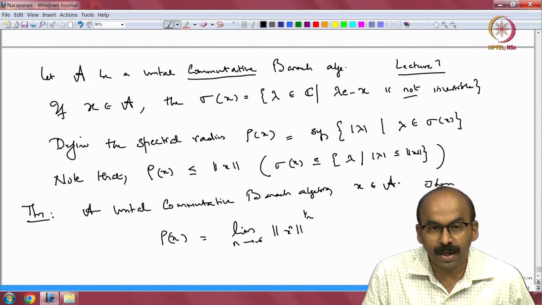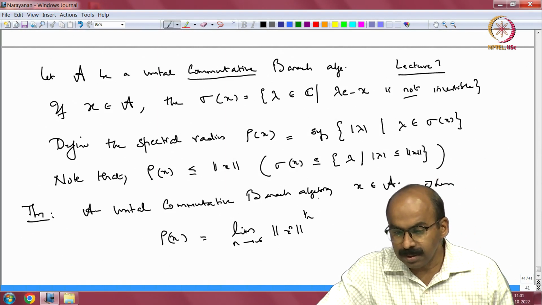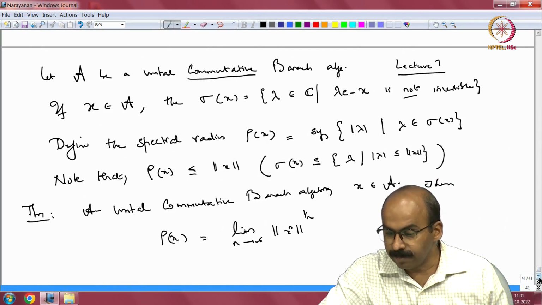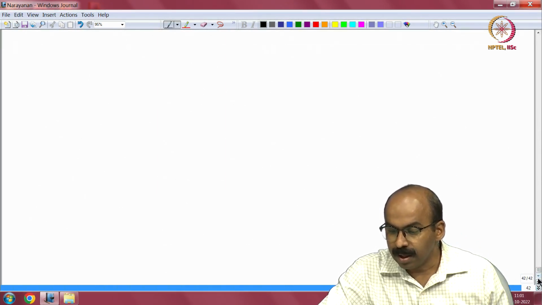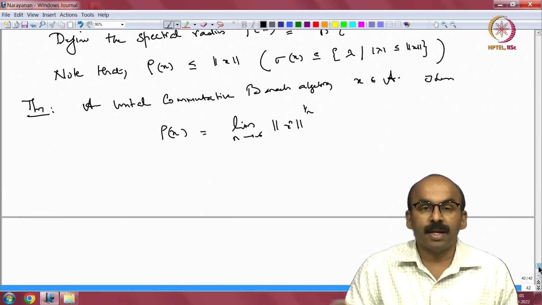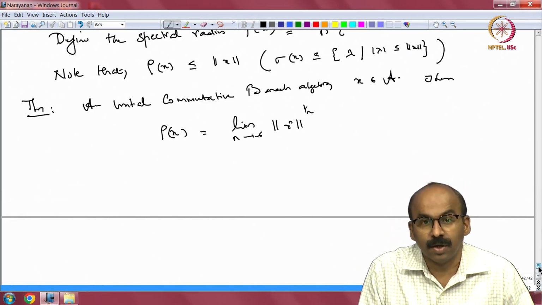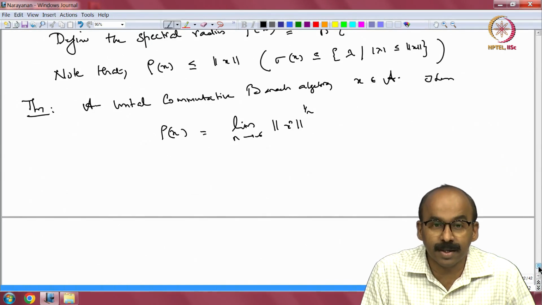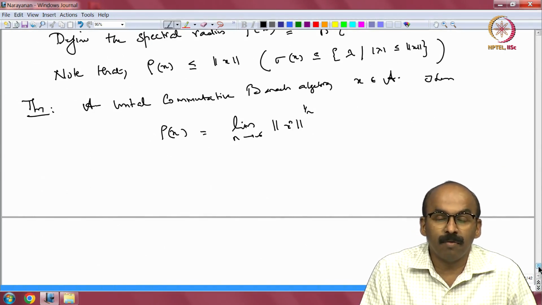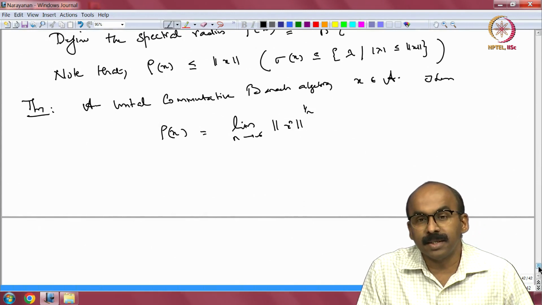Now, more importantly, this is actually a beautiful formula. Let us see why. On the left hand side you have rho of x, which is simply the spectral radius of x, the maximum of the modulus of the elements in the spectrum.